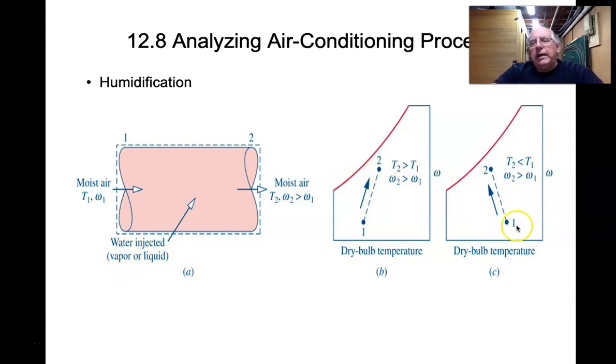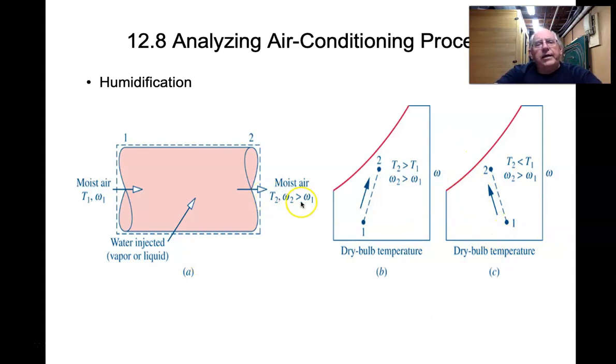Likewise, let's say we had warmer dry air at state 1. So we're coming in relatively warm with a low value of moisture. And if we allow liquid water to evaporate and join the mixture, that evaporation process takes energy out of the dry air and causes the dry air to cool.